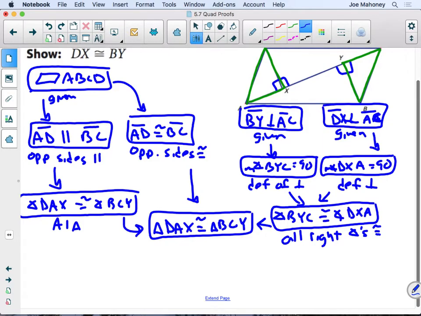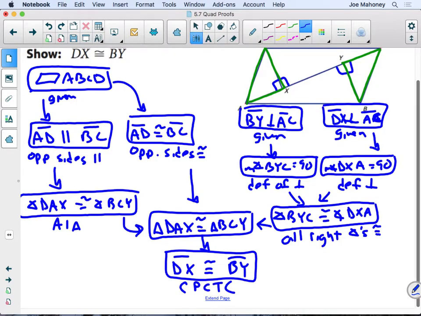And then if the triangles are congruent, by CPCTC, side DX is congruent to side BY. So what I'm hoping you see so far is that when we do these quadrilateral proofs, it really is a triangle proof where we have a parallelogram in it as well. All the parallelogram does is give us some extra reasons that we can choose from to prove triangles congruent.